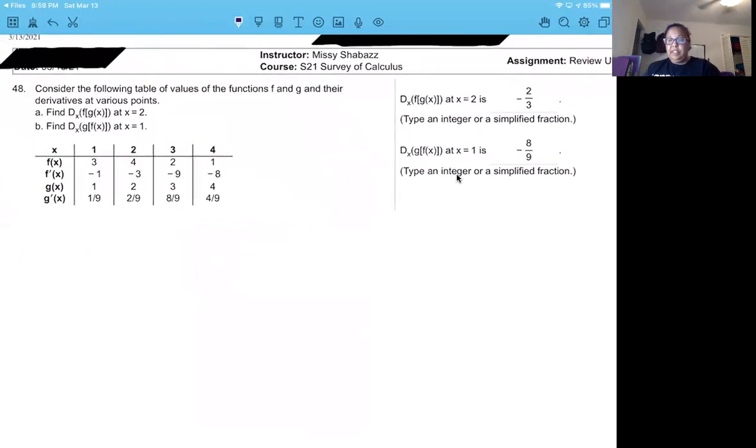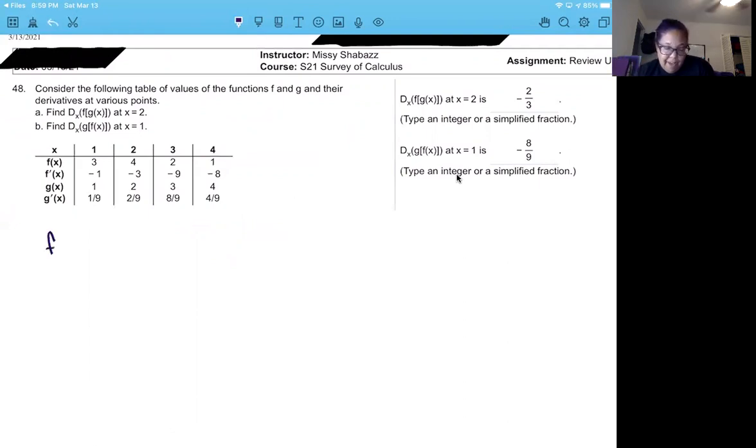All right, so this is a chain rule question. They give you some values on a graph, and we have to come up with the correct value. So it says find the derivative of f composed with g and evaluate it at 2.